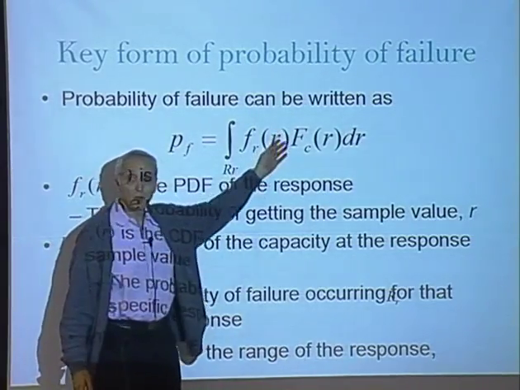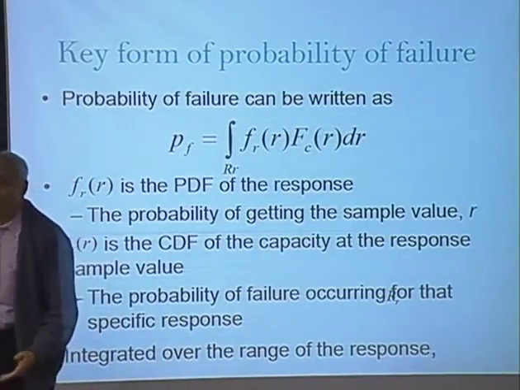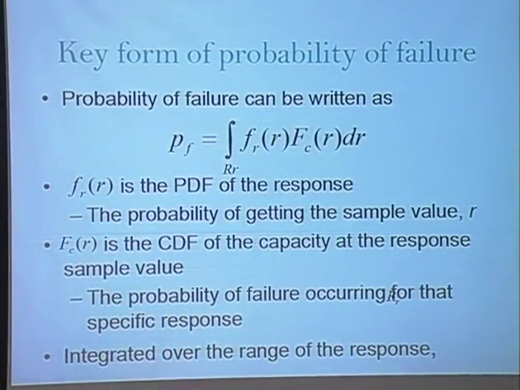You have a function, you want to calculate its average. You multiply it by the probability distribution of the random variable. And so here, the random variable is only the response. For each value of the response, we don't treat the capacity as a random variable. We treat it as a lookup table. Given a value of the response, we know the chance that the structure will fail because we know the CDF of the capacity.